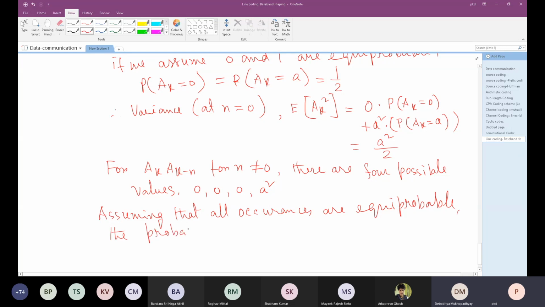The probability of occurrence of the 4 combinations is 1 by 4 each.